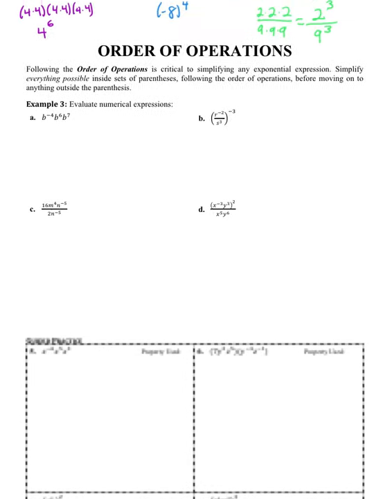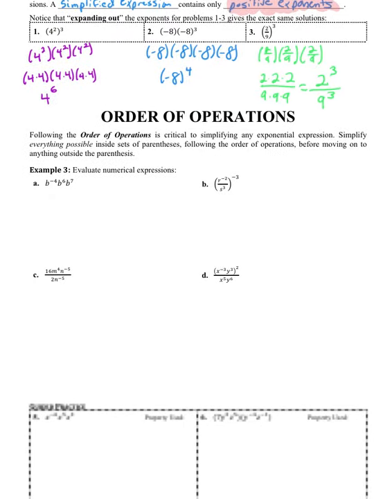Order of operations. The last thing I want to talk about today is just making sure we can follow order of operations as best as possible, and that'll help keep things simple. So for example, on the first one, b to the negative 4th times b to the 6th times b to the 7th, we would just follow order of operations from left to right there.